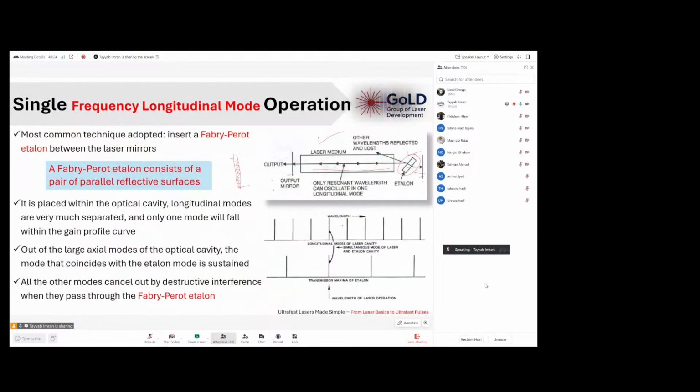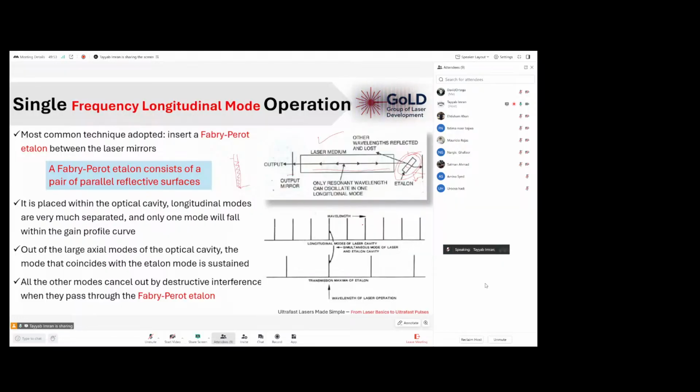Like if you go back here, and here, this echelon can be rotated. Okay. So if it is rotated, then different modes, but limited modes, will pass through. Okay. And this is how we control the longitudinal modes.